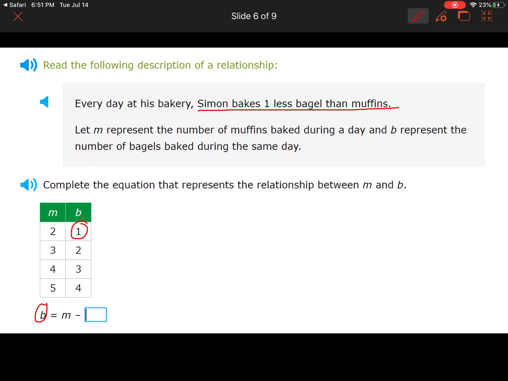So we have to figure out what are we doing every time to go from here to here. How do we go from 2 to 1, 3 to 2, 4 to 3, 5 to 4?